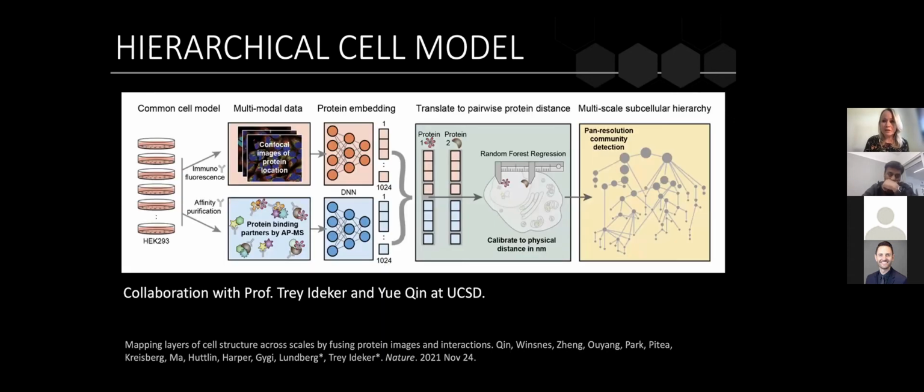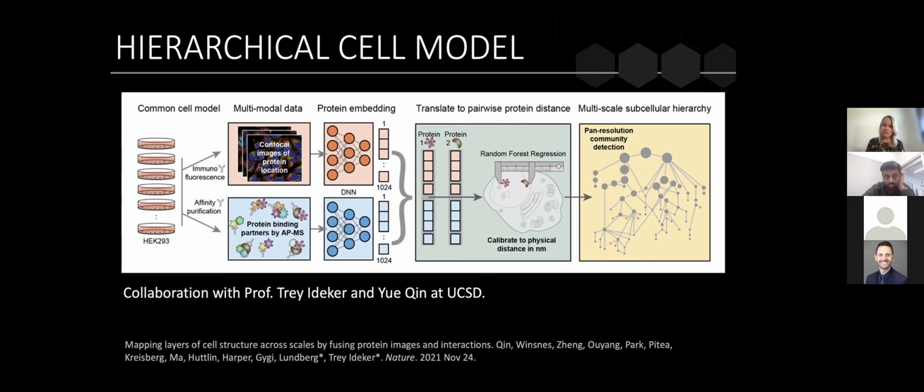And this has been a great collaboration with Professor Trey Ideker at UCSD and his student, Yue Qin, who led this work. So what we did is that we took the 800 proteins we had mapped in HEK293 cells that were mapped both by our images and by protein-protein AP-MS data to get protein-protein interactions from the BioPlex database out of Steve Gygi's lab at Harvard.